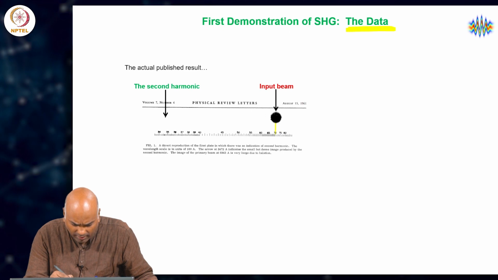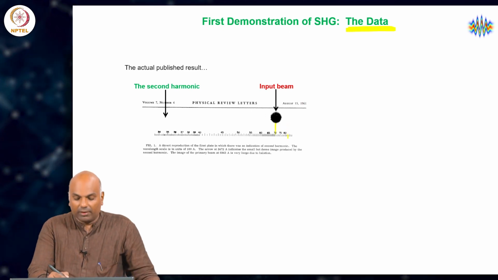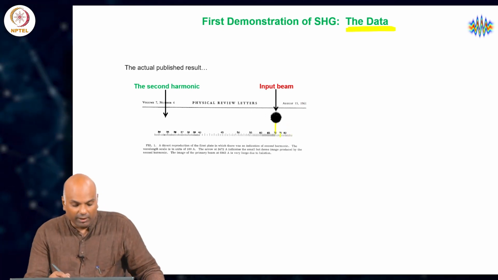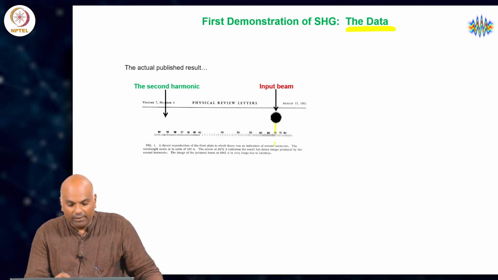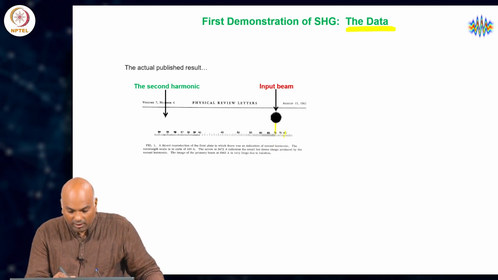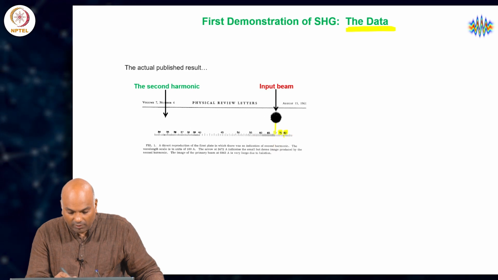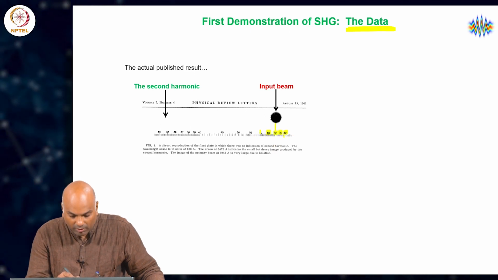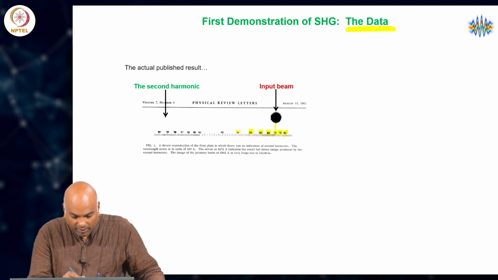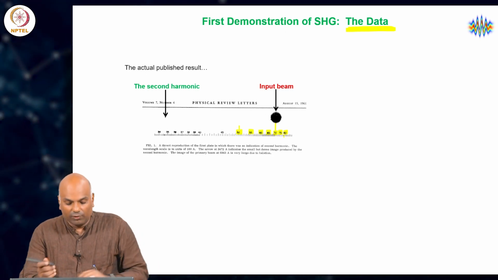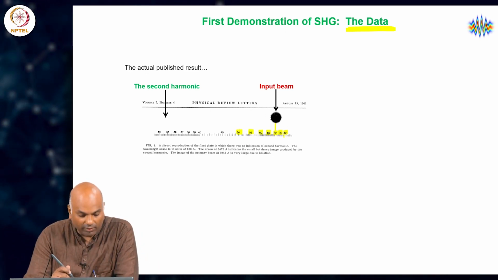So, this is the scale in angstroms, or angstrom divided by 100, that is the scale. You can see here this is 8000 angstroms, 7500, 7000, 6500, 6000, 5500, and so on and so forth. That is the spectrograph. Okay.